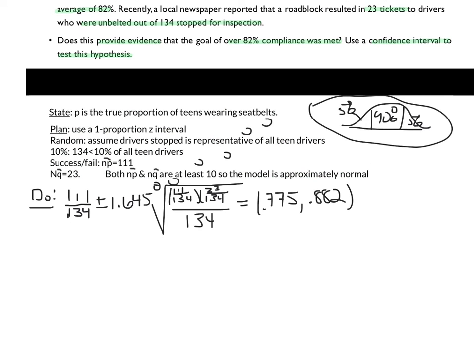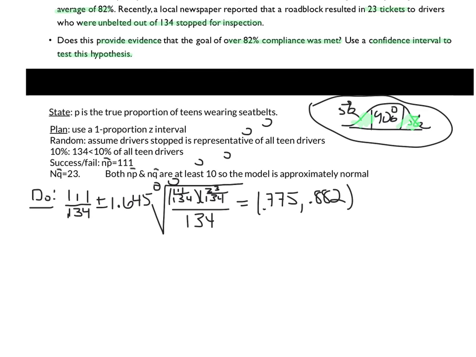For our do step, we're going to take what happened in the sample. So we had 111 of the 134 teens wearing seatbelts, plus or minus. Now, if I want a 5% significance level, in this thinking bubble over here, note that if I want 5% on the lower end for my rejection region, then that means I have to have 5% on the upper end, which makes this a 90% confidence interval.